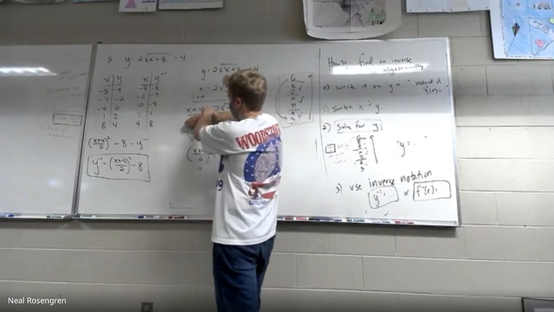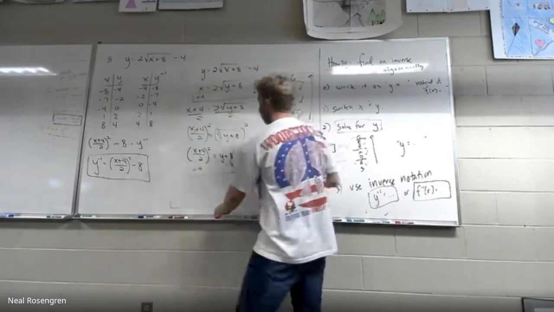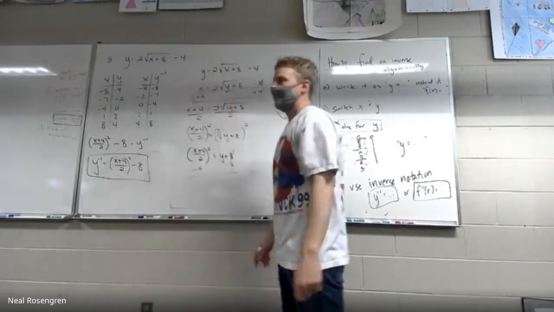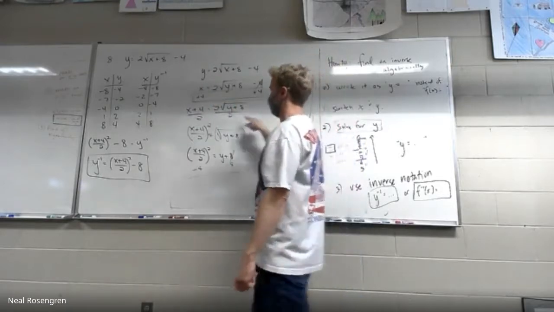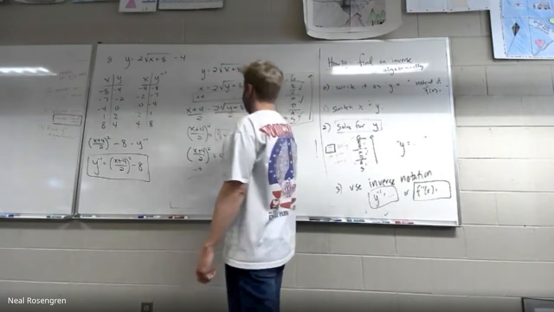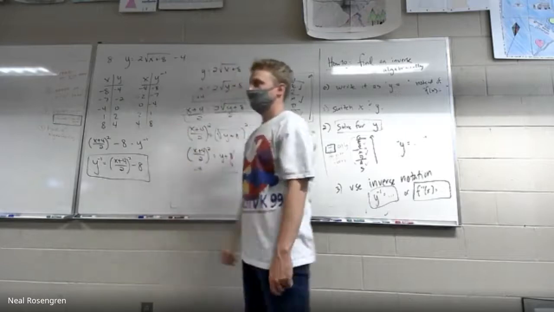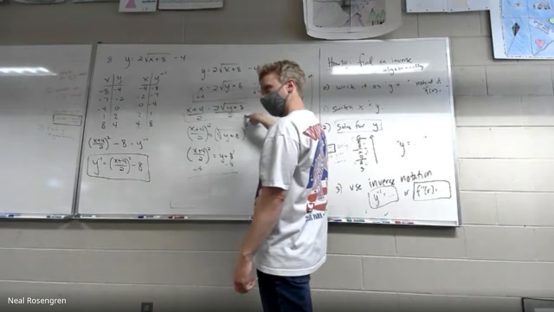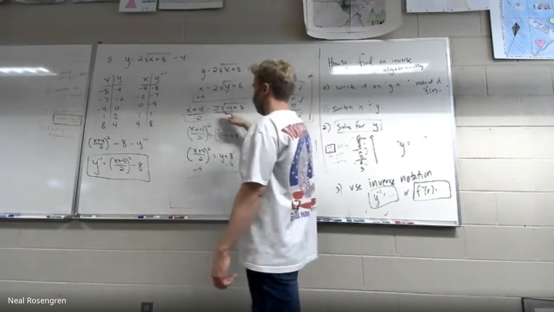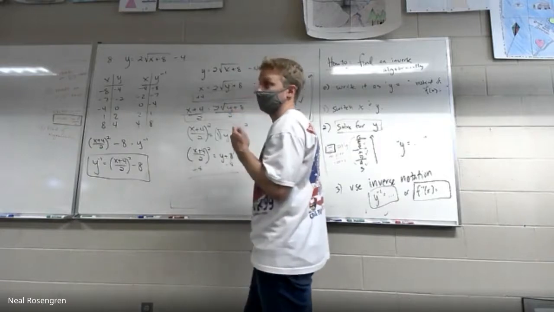Well, yeah, that 2 and this square root, they don't have a symbol between them, just like 2x, there's no symbol between them, they're connected by multiplication right there. When I have multiplication, I better do the opposite. What's the opposite of multiplication? Division. So I do a step, right? Equation, step. Equation, step. And by dividing by 2 on this right side, away they go. Just like -4 +4, those cancel out.